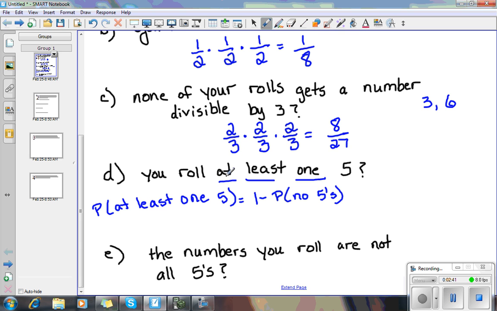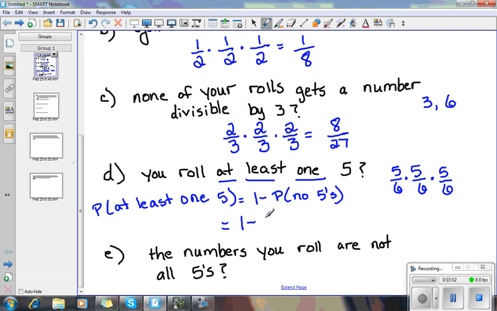You want to get in the habit when you see at least 1 to solve this problem instead. It's much, much easier. The probability of not getting any 5s, that means you don't get a 5 on the first roll, so there's a 5 out of 6 probability, times you don't get a 5 on the second roll, and you don't get a 5 on the third roll.